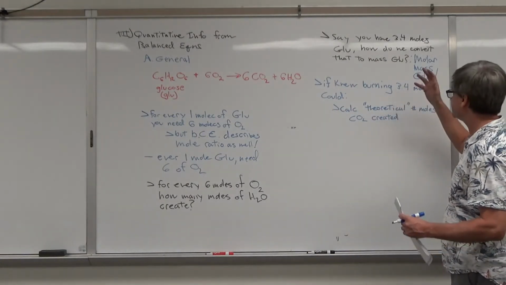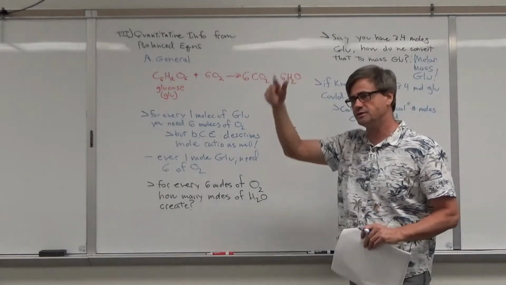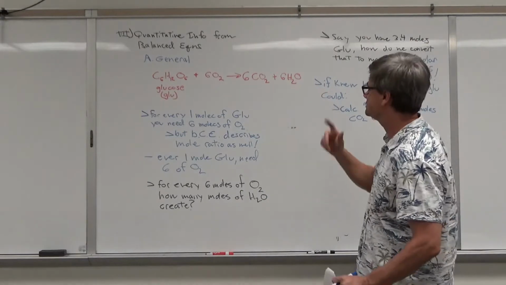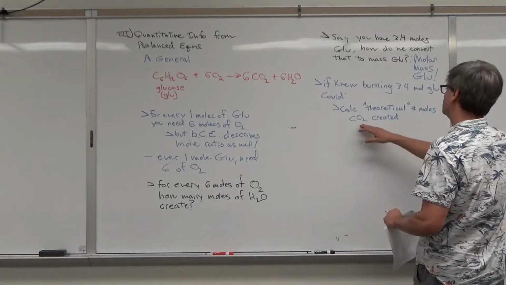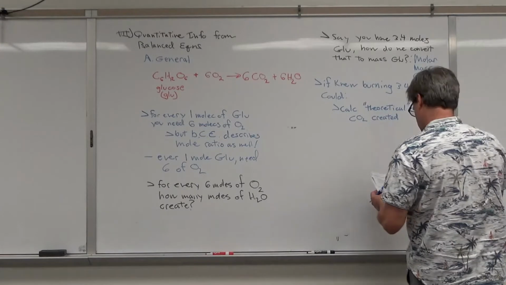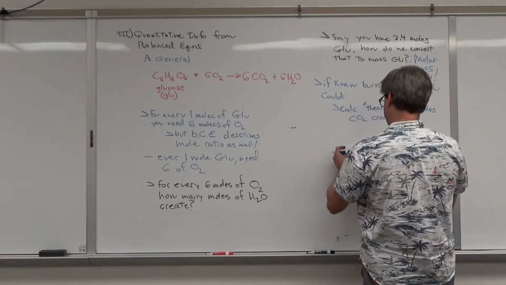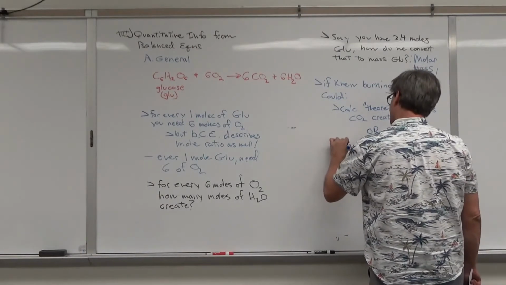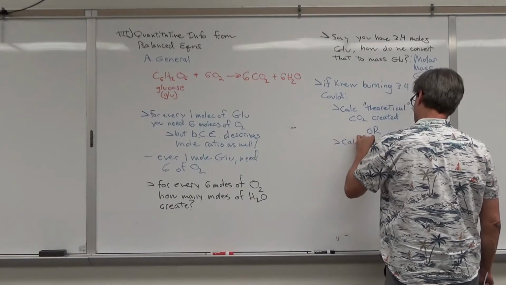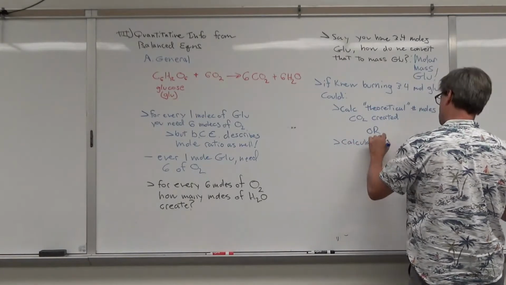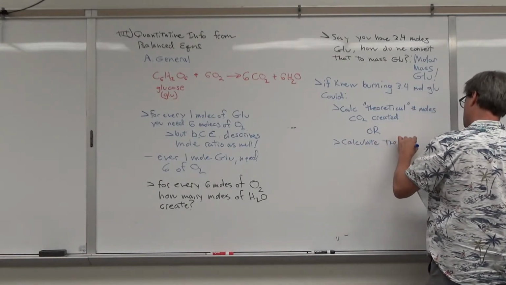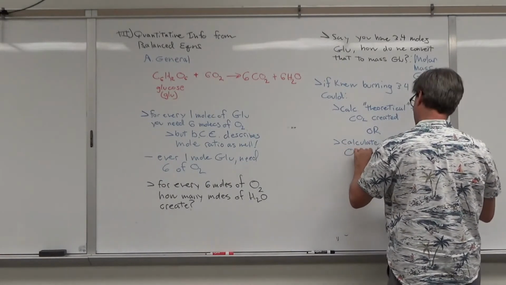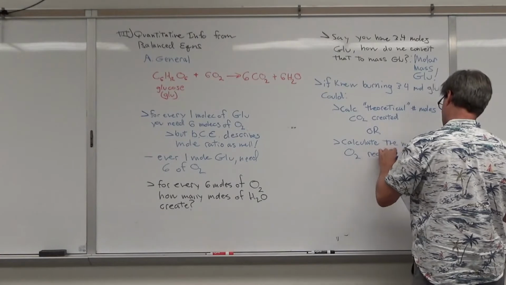You might not get exactly what this is going to predict you get, but theoretically, if everything went perfect, every molecule did what you anticipated it to do, what is the theoretical number of moles of carbon dioxide created? Or you could calculate the moles of O2 required.